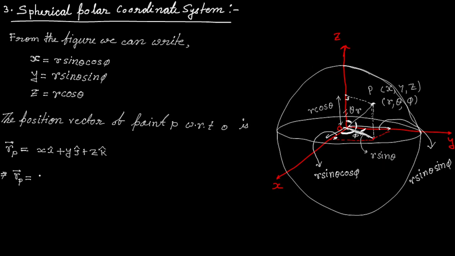So we can write, you have to replace x by r sin theta cos phi. So what we'll get is r sin theta cos phi i cap plus r sin theta sin phi j cap plus r cos theta k cap.